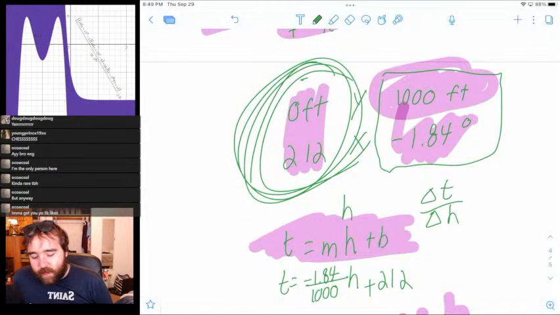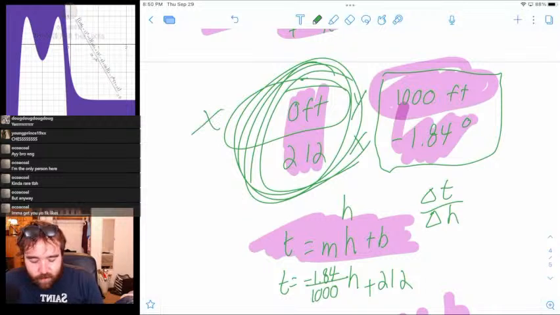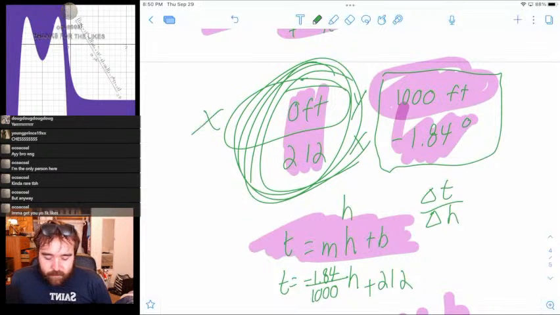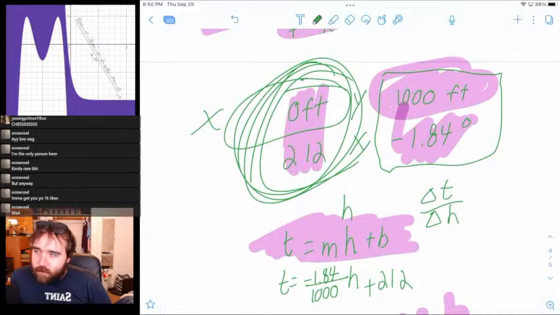So let's make it easy on ourselves: let the height be the x variable and the temperature be the y variable. They gave us the slope, 1.84 over 1,000, and the y-intercept of 212. Okay, cool. I think I got it. I wrote all of that down.